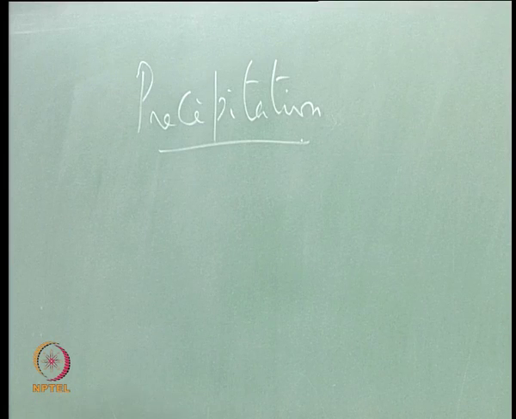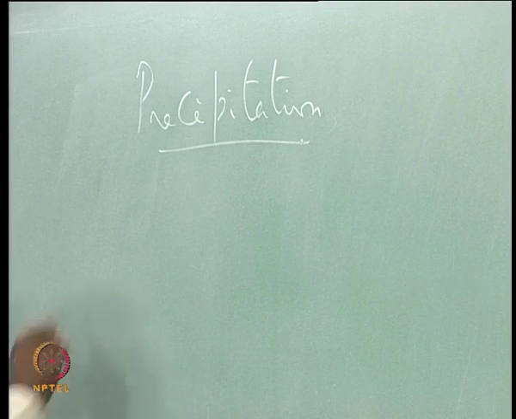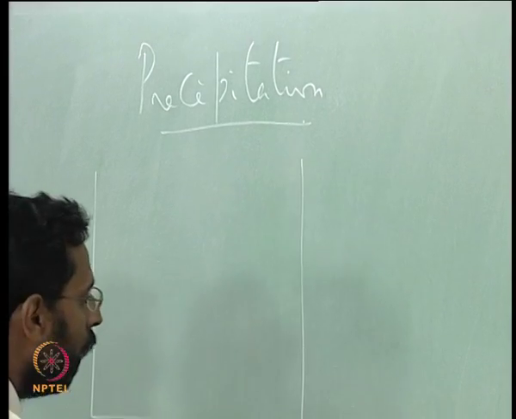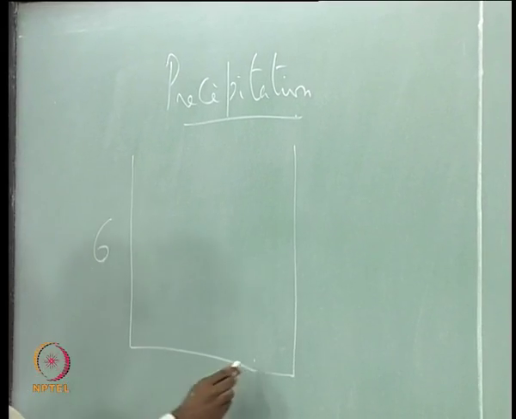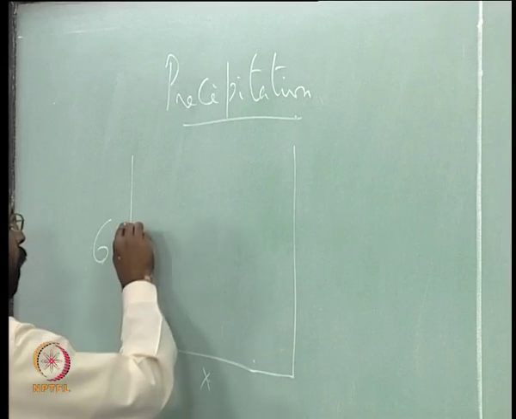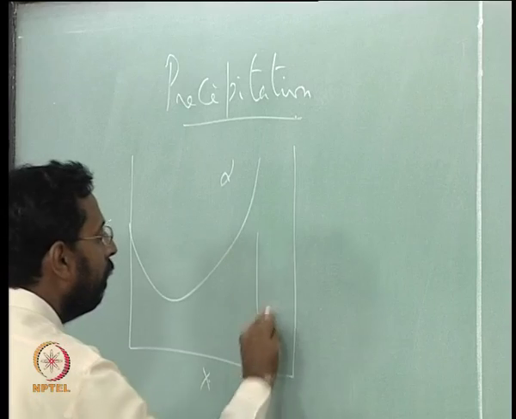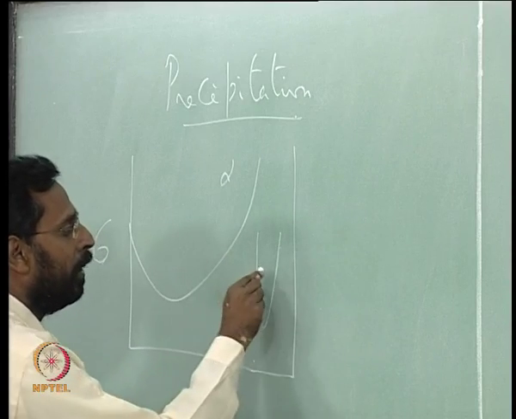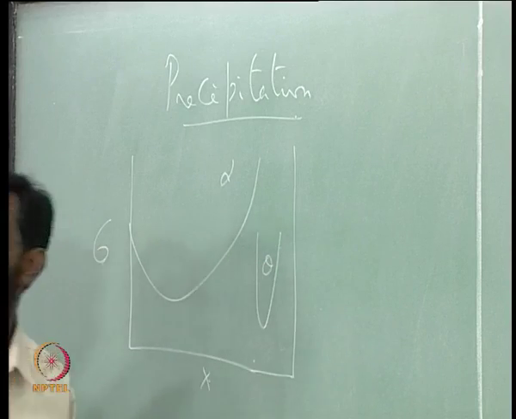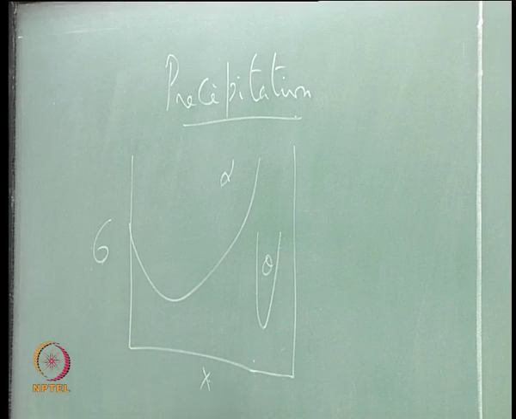When you look at precipitation and talk about nucleation of a precipitate, we look at the free energy composition diagram. Let us say we talked about an alpha phase which is nucleating a phase called beta or theta, whatever it is. In an aluminum copper phase diagram we call it theta.